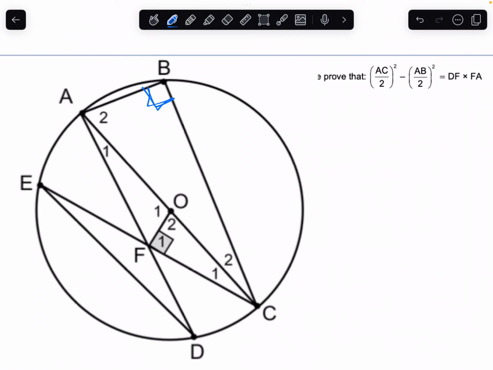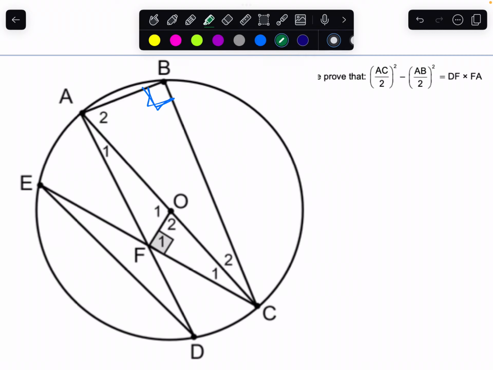So this is a 90. This is a diameter. Okay, we also know that these two are equal. And I also showed that this is also a dot. This is also a dot. This is 90 minus dot.